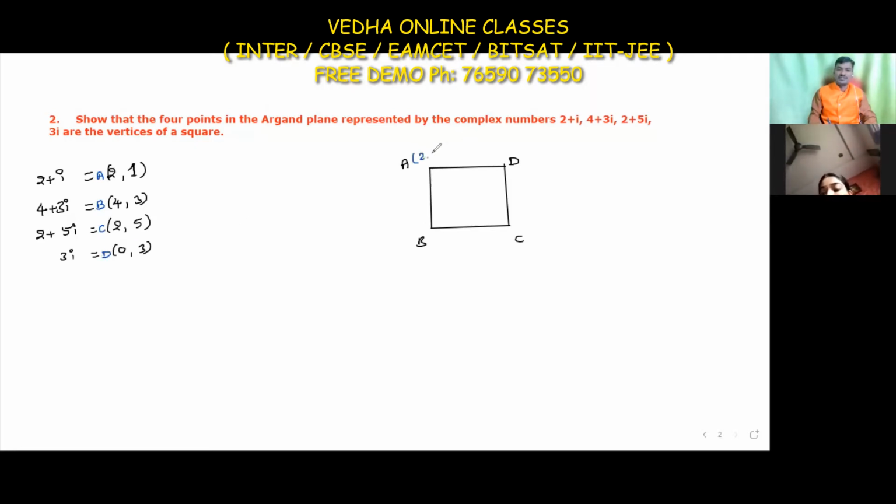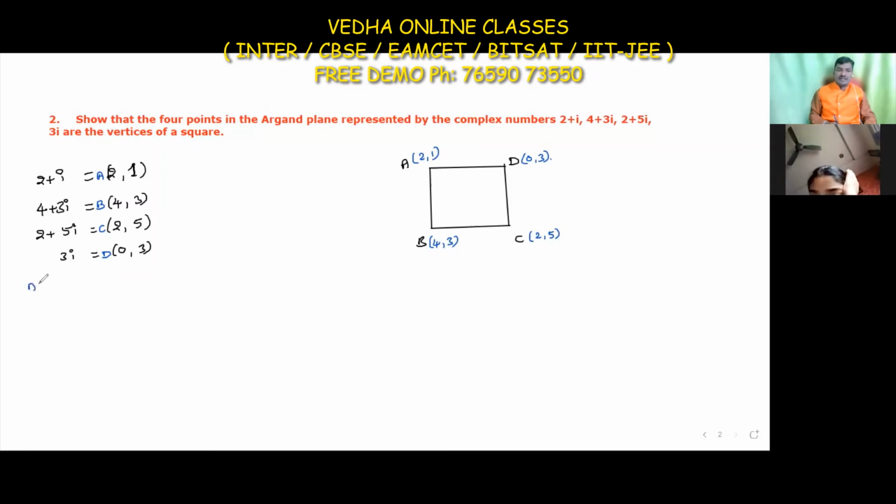A point is 2 comma 1, B point is 4 comma 3, C point is 2 comma 5, and the D point is 0 comma 3. These are the given 4 points. Now find the distance.